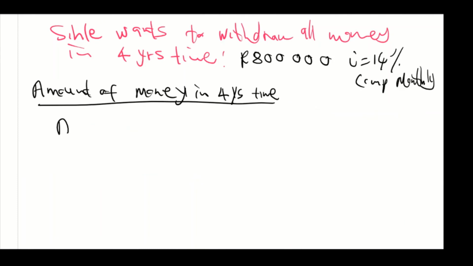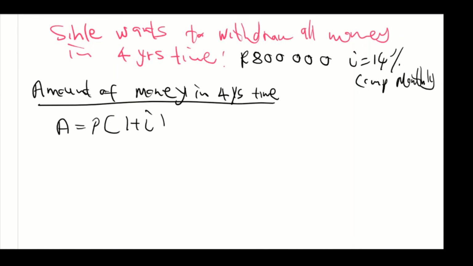A is equal to P into 1 plus i to the power n. We know P is the amount of withdrawals that he was making, 10,000 rand, and i is equal to 14%, compounded monthly, and n is the period, which is 4 years.